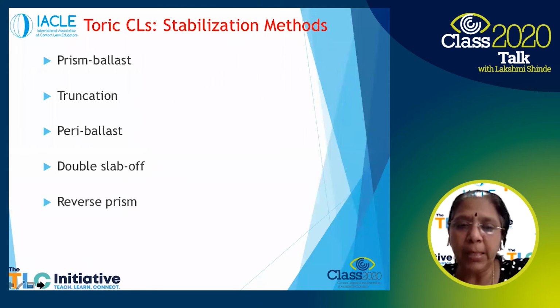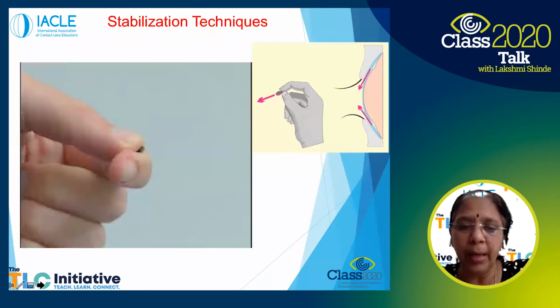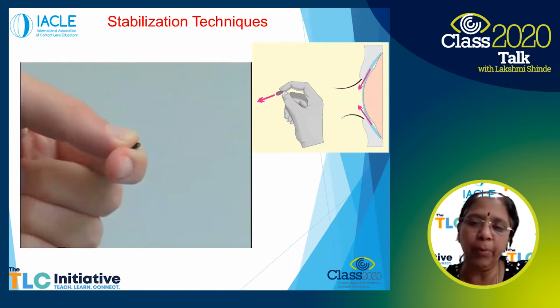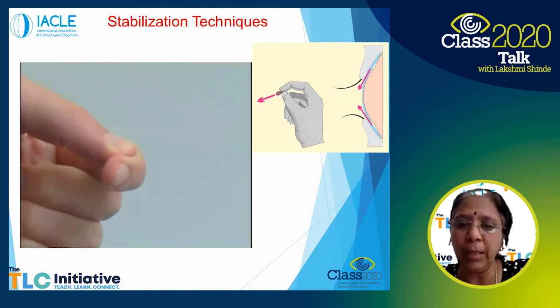In terms of stabilization methods, these are the various stabilization techniques that the industry has come up with. The stabilization principle is a very simple one, the watermelon seed principle. If you keep a watermelon seed between your two fingers and squeeze, always the thicker portion of the watermelon seed is flushed out first before the thinner portion comes out.